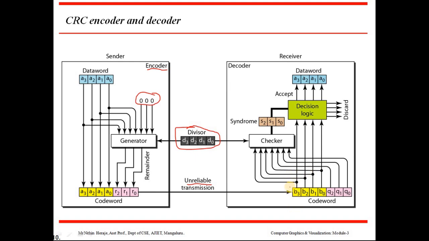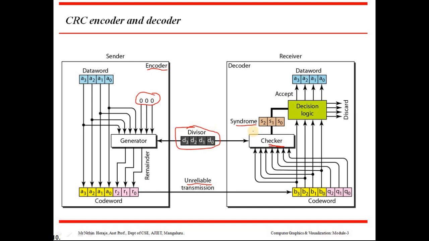So in order to check if the received message is same as that of the sent message, the received code word is sent to the checker. This checker, again, will use the same common 4-bit divisor, and it will perform the division operation, and then it gives you the syndrome, a 3-bit syndrome.